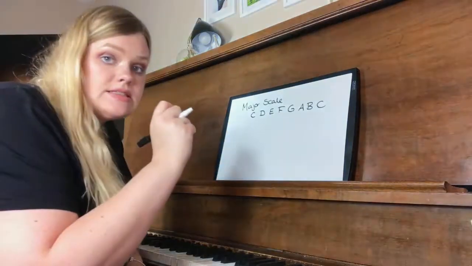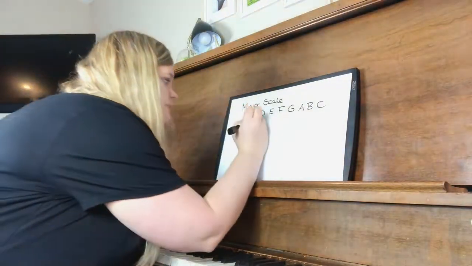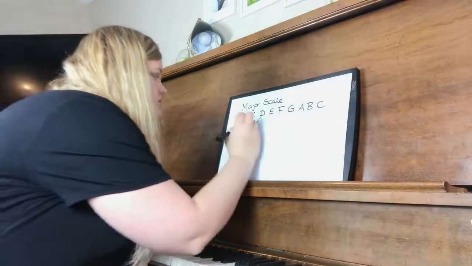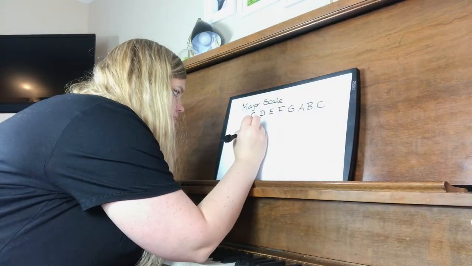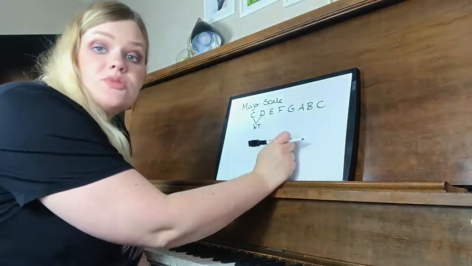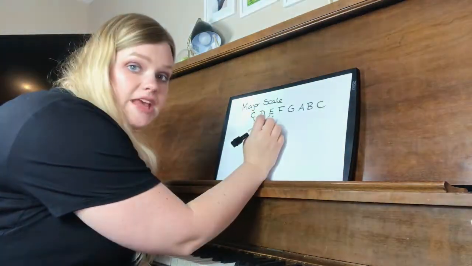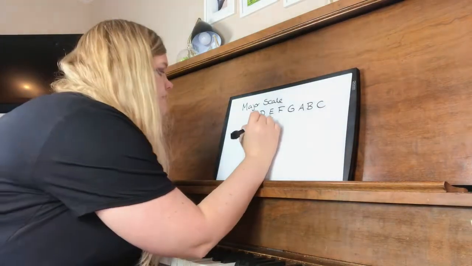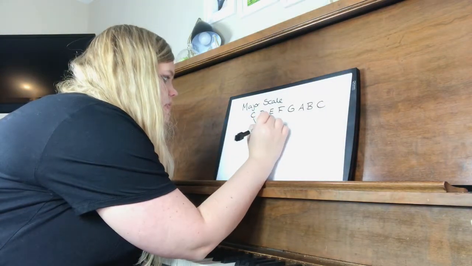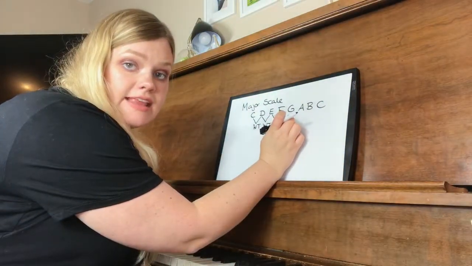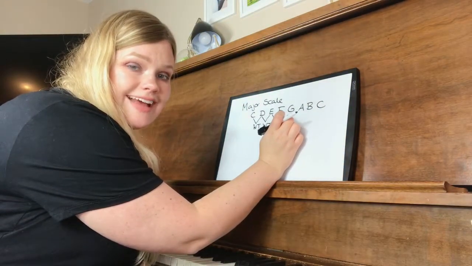So between the C and the D, we have a whole tone. Between the D and the E, we have a whole tone. Between the E and the F, we have a semitone.